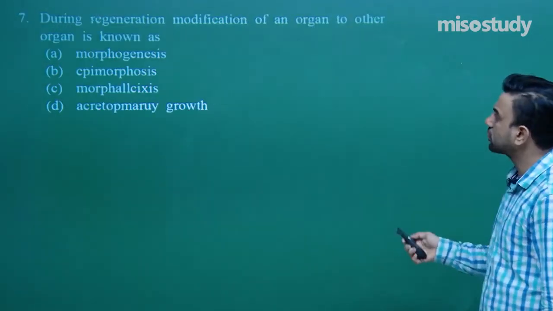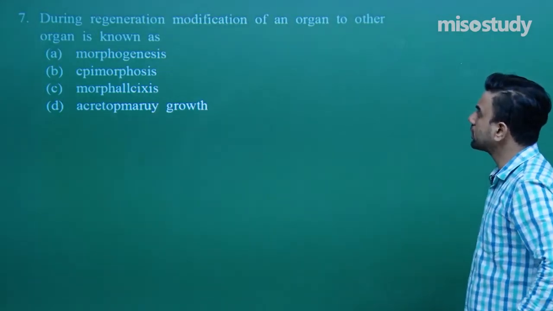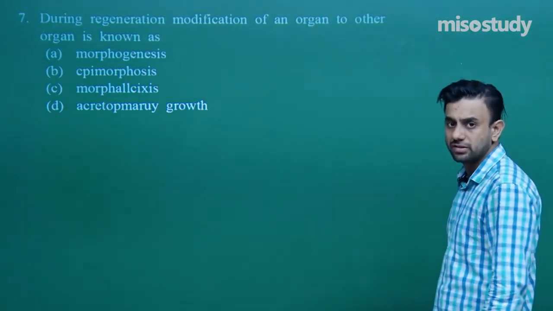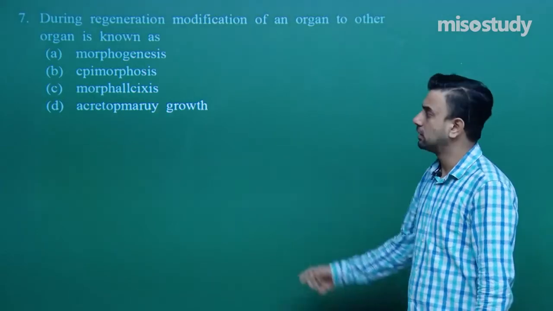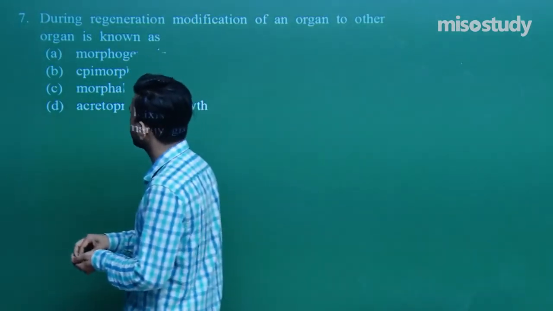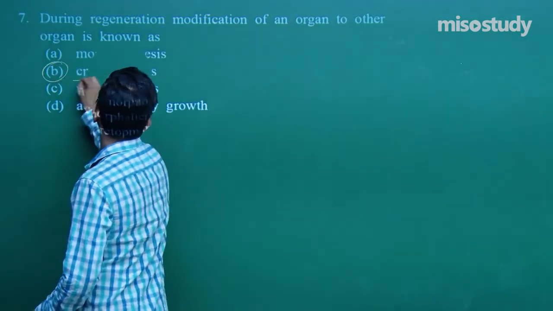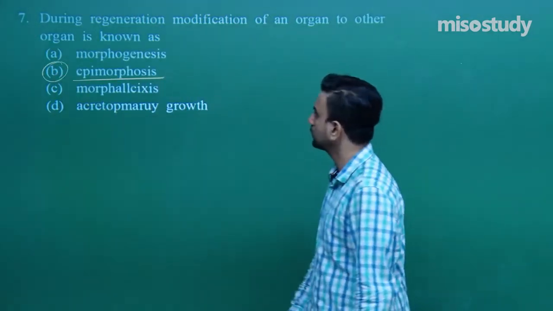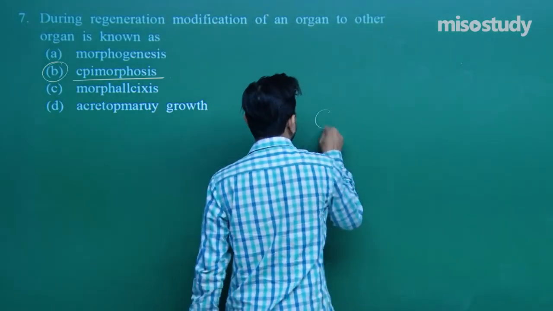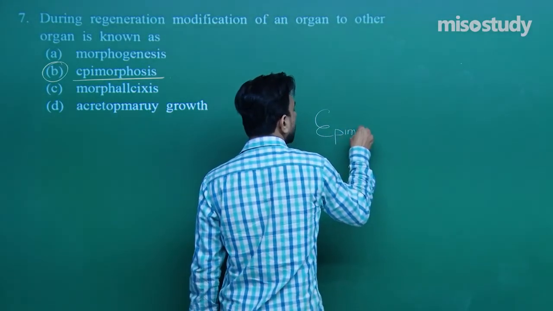Let's now talk about the next question. During regeneration, modification of an organ to another organ is known as what? This is epimorphosis. Now what is epimorphosis?